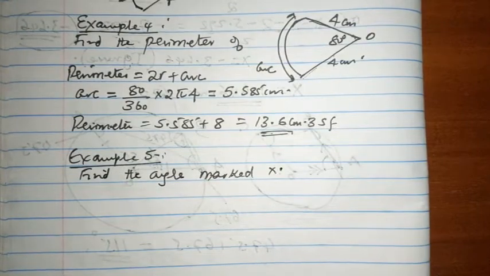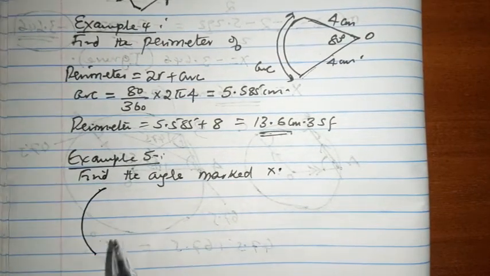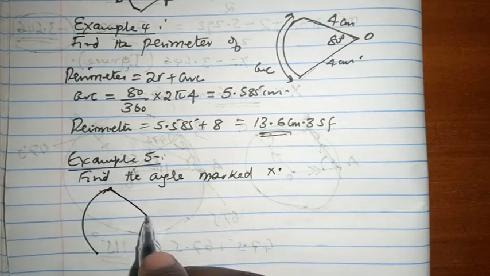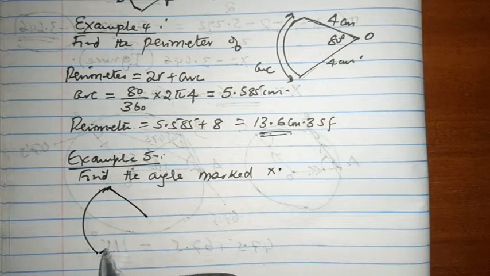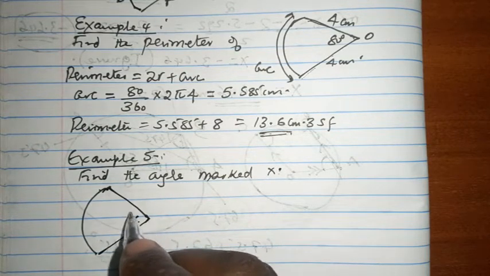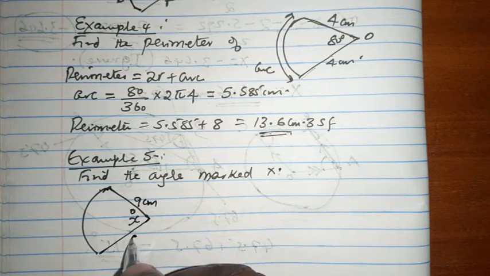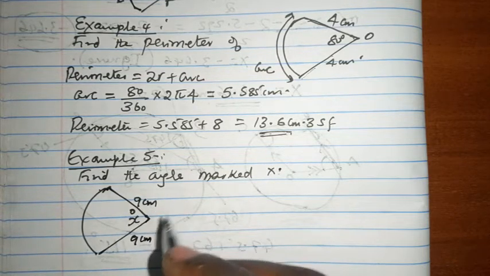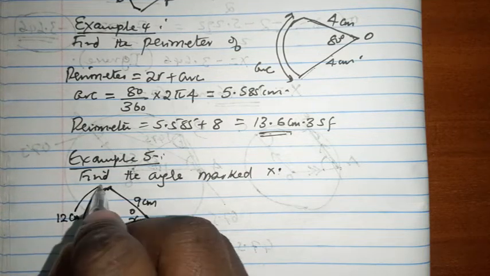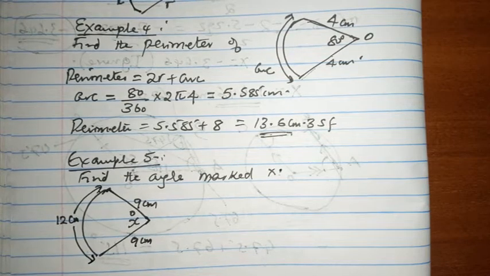You'll realize there is an arc length there, there is the radius there, and there's another radius there. This is x degrees. This is 9 centimeters, of course the radius. And the arc length is 12 centimeters from there all the way to there, 12 centimeters.